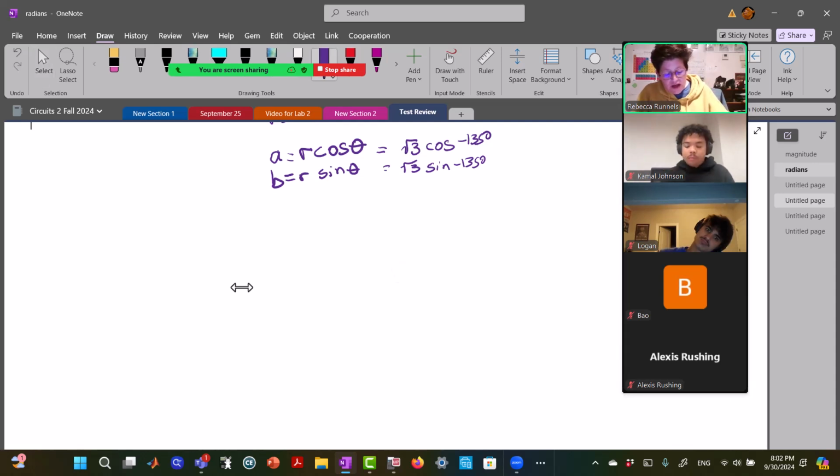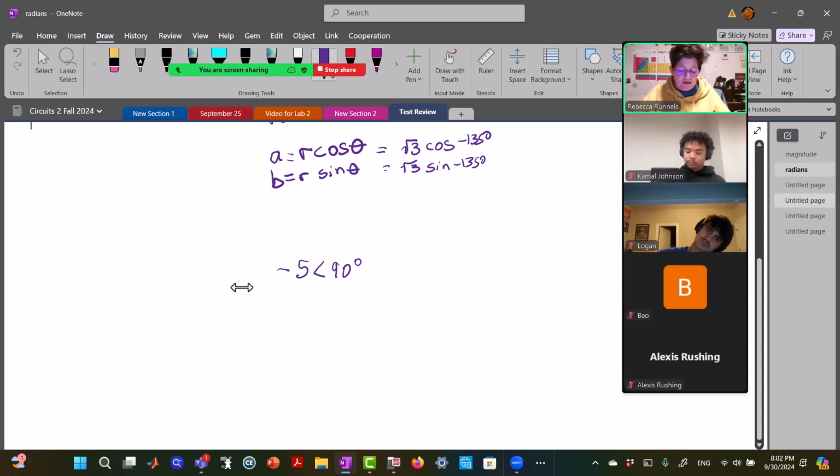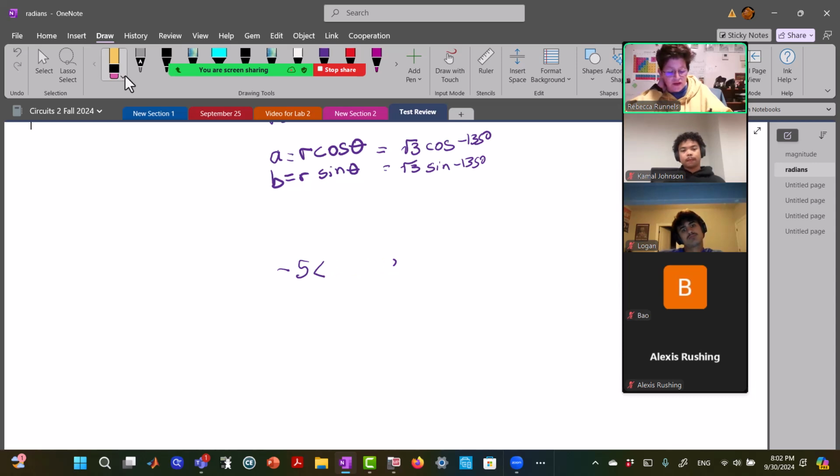So let's say I had something that looked like negative 5 angle 75 degrees. That's what I ended up with by doing some sort of calculation. Then this is not a good format. You need to always have positive. And so if you want to make this number positive, you'll either add or subtract 180 degrees from this angle.